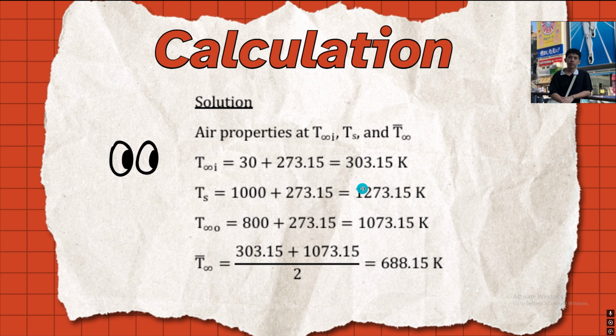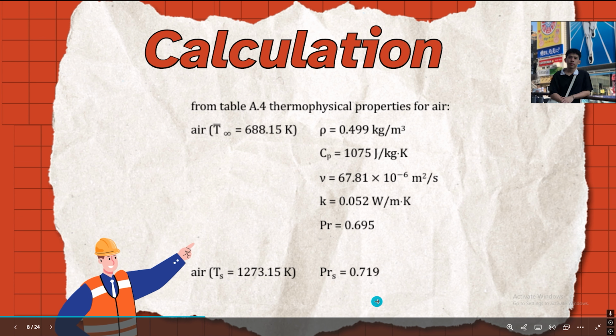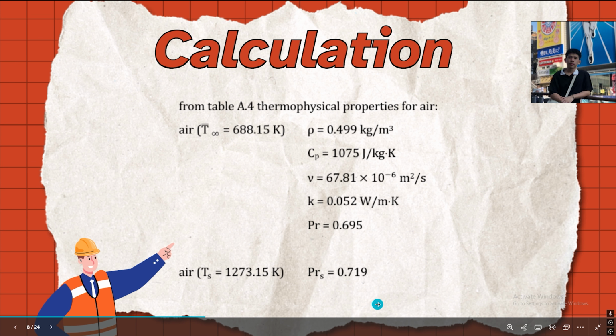So, to evaluate the air properties, we use the mean fluid temperature or bulk fluid temperature, which is the average of the inlet and outlet temperatures, calculated to be 688.15 Kelvin. Now, using this mean temperature of 688.15 Kelvin, we can find the thermophysical properties for air from standard tables.